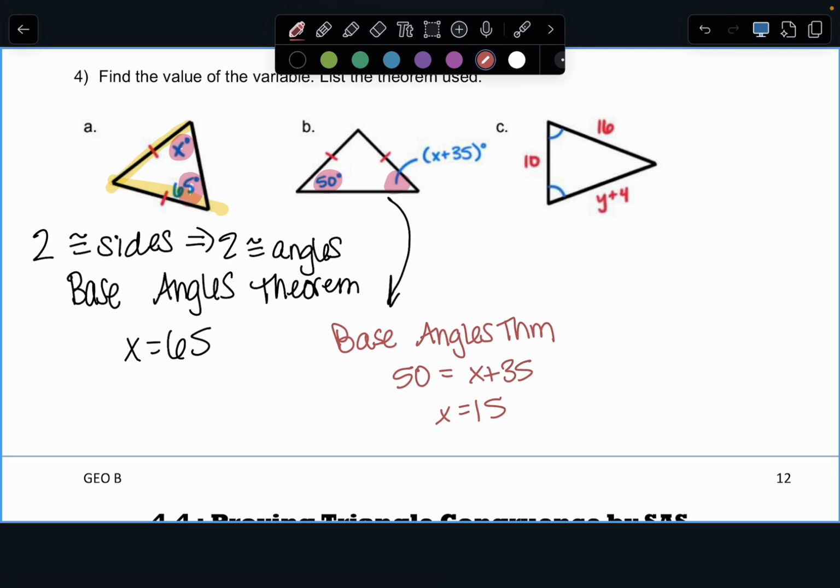Second to last example. Here again, these arcs show us 2 congruent angles. So we must have 2 congruent sides. Which 2 sides? 16 and y plus 4. Yes, it's the legs. So this time we went from angles to sides, so we used the converse of the base angles theorem.